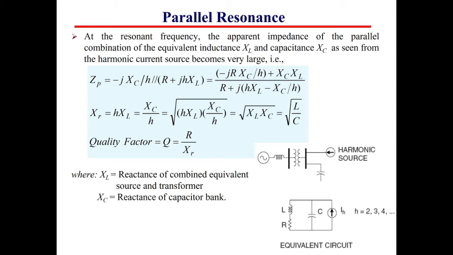So that will be the resultant Z, and then we can find XR, and XR will be XL times XC over XL plus XC.